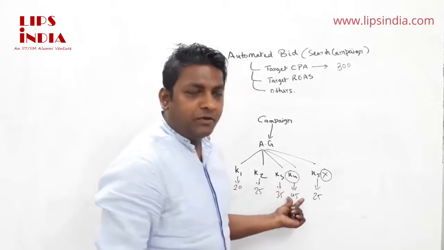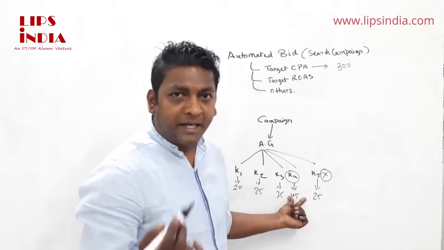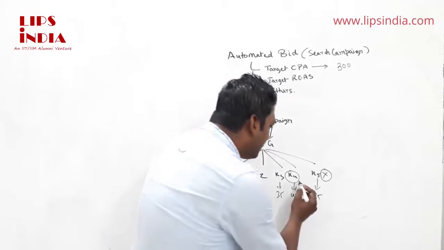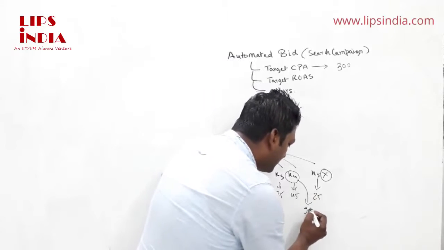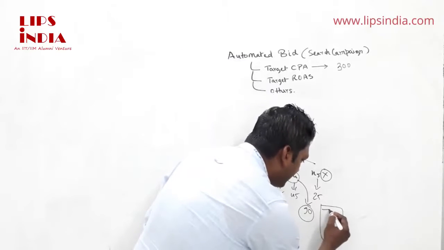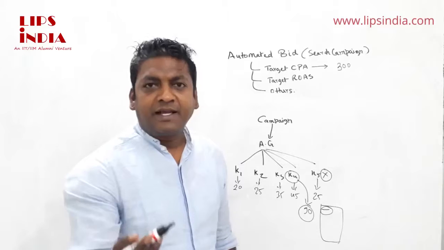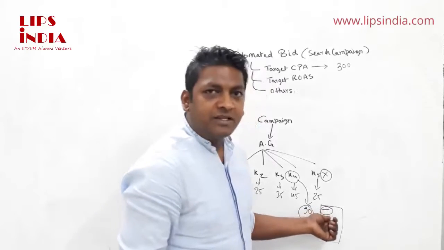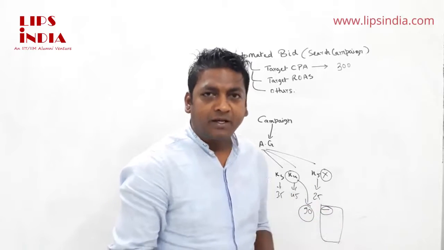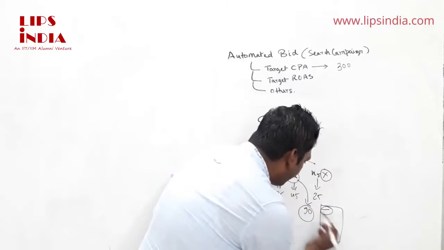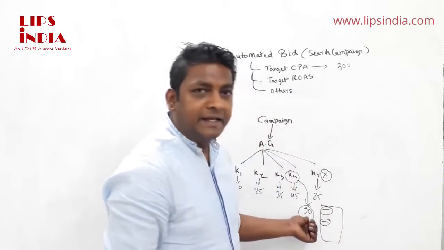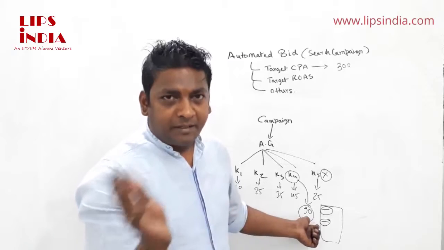Now you had bid 45 rupees earlier as a manual CPC bid, but when Google bids on your behalf, if Google feels that the bid has to be 90 rupees so that the ad appears somewhere on the top, because if the machine learning algorithm says that the top position has more chances of converting into a conversion, while your 45 rupees bid was something like 4th position, Google will go ahead and increase your bid to 90 at the back end.